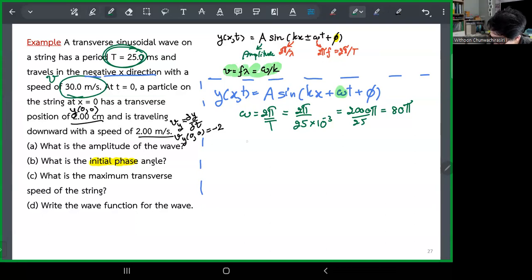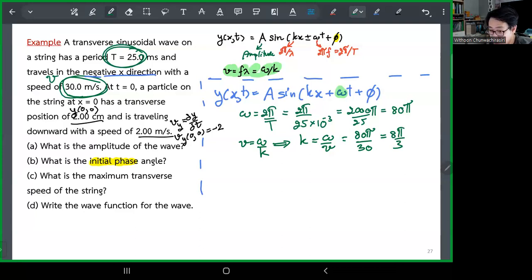Starting from v equals omega over k, k is going to be equal to omega over v. Do you see what it is? Omega, you have already figured out. V is given to be 30 meters per second. And that's it, guys. It's 8 pi over 3. It's not that impressive, actually.